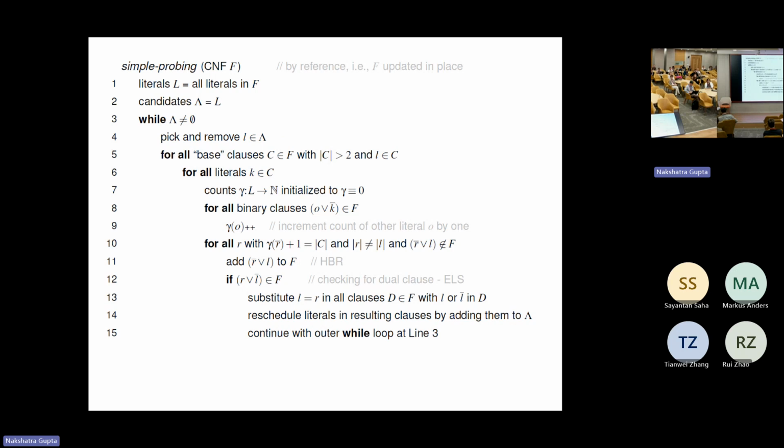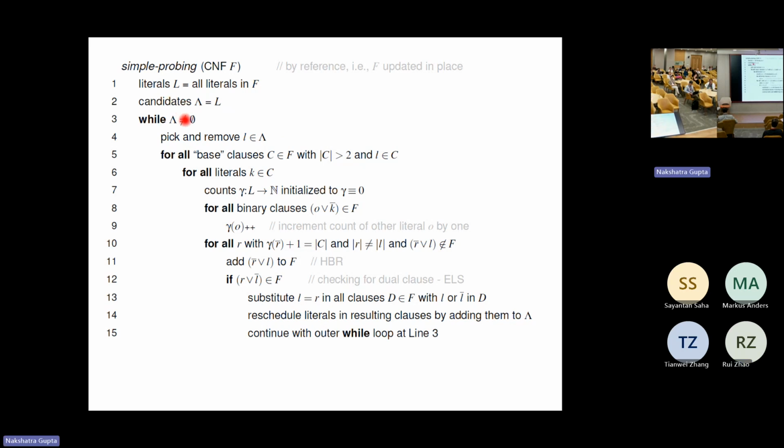So here's the simple probing. I have a couple of algorithms, and there's no time to go over them, but maybe I can explain the flavor of this algorithm. You see here a working set, the candidate literals. You try to find literals which are the output of an AND gate, so as a working set you have the potential candidates for outputs of AND gates.